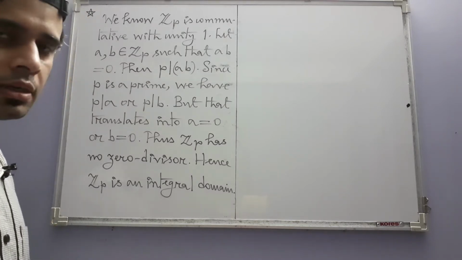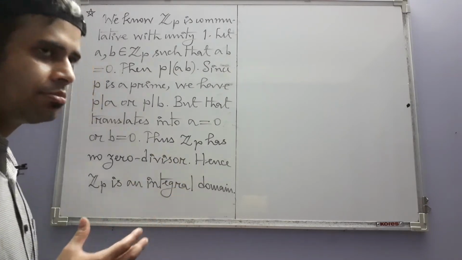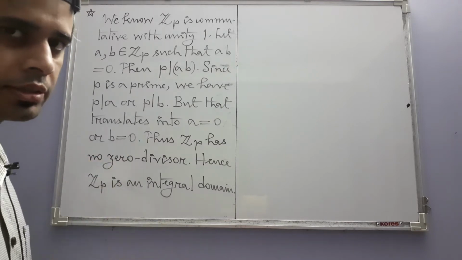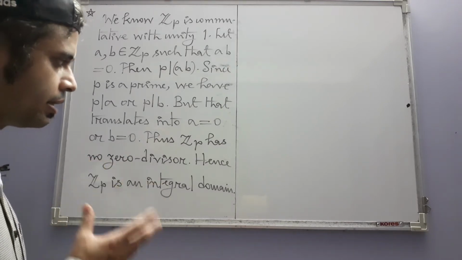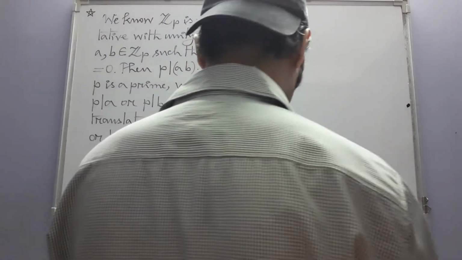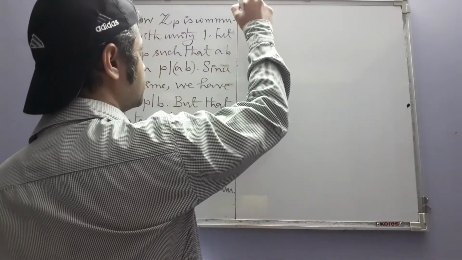So it gives us a nice practice. Some of these things may seem a bit mundane, routine and boring, but we have to go through all these things, because then only we will get a much better grasp. So the next one is 6.